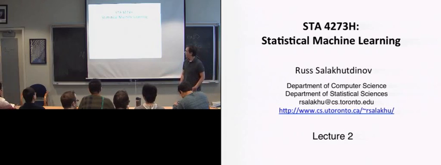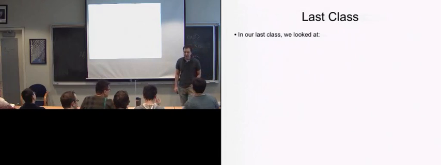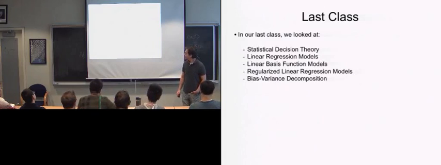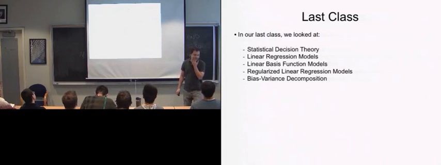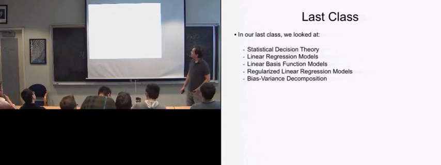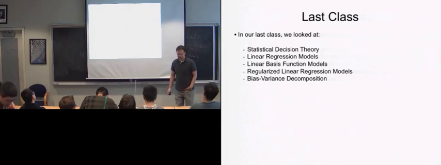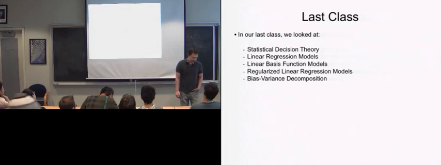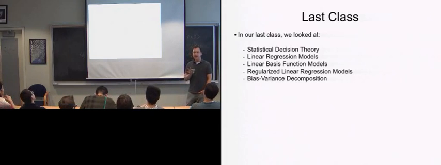Okay, so today we're going to look at the Bayesian models. Let's look at what we've done in our last class. We've looked a little bit at statistical decision theory, linear regression models, linear basis functions, and regularization, as well as touching a little upon the bias and variance trade-off.